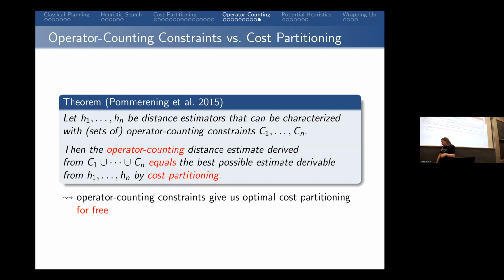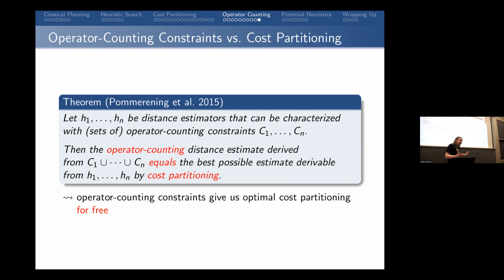But there's something nicer about this, and that is that we can actually prove that there is a very close relationship between this and cost partitioning. So if we have n distance estimators whose information we can describe by sets of constraints of this form, like adjusted in the examples, so C1 through Cn, then if I pull all these constraints together and solve the constraint optimization problem, I always get exactly the same value that I would get if I did the best possible cost partitioning over these n heuristics.